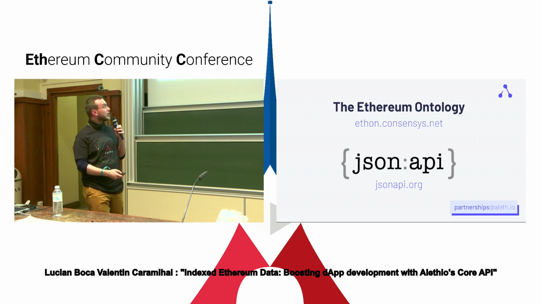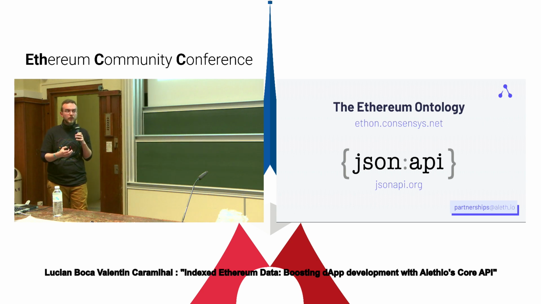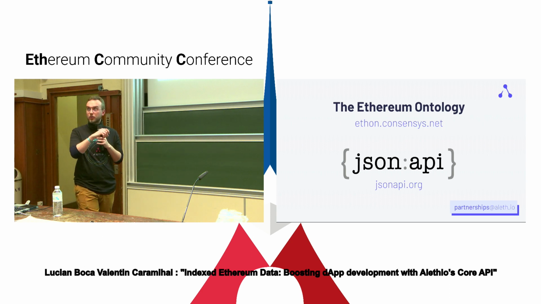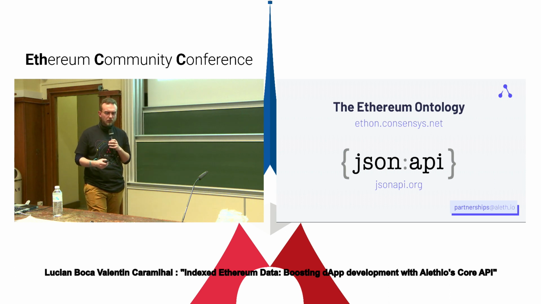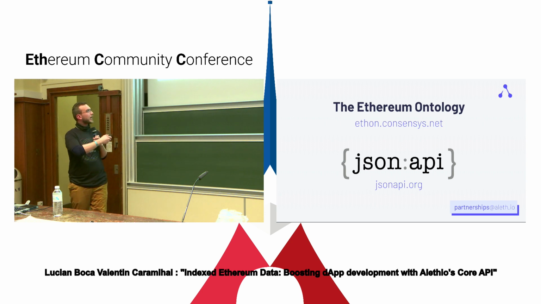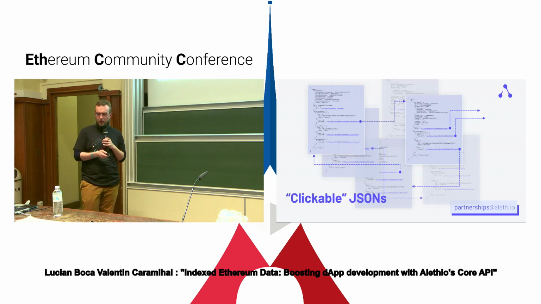So we were really lucky to have had the data pipeline built already on top of the Ethereum ontology, which is a community-sourced standard, and then we use JSON API for serializing the data payloads. It's not, by the way, any kind of generic JSON API. It's a very specific set of standards that you can check out. It's a pretty comprehensive project.